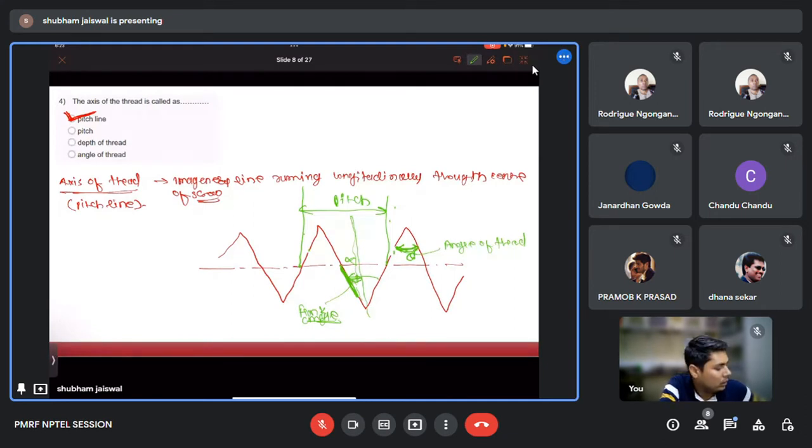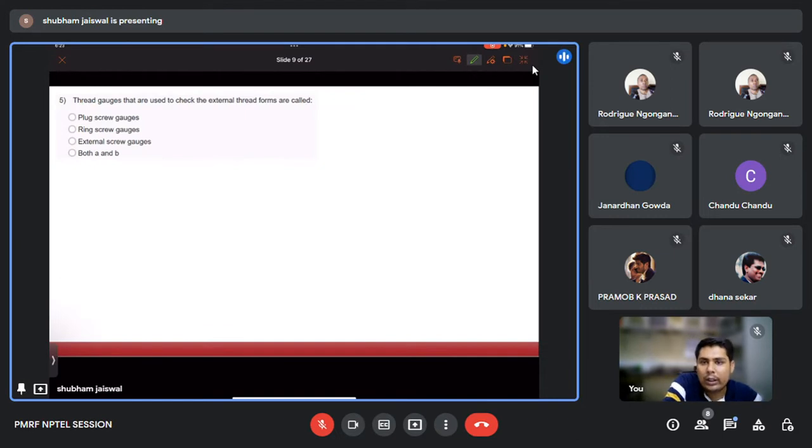Okay. So moving to our next question. The thread gauges that are used to check the external thread form are called plug screw gauges, ring screw gauges, external screw gauges, both A and B. So this is A, this is B, this is C, and this is D. Okay. So anyone?